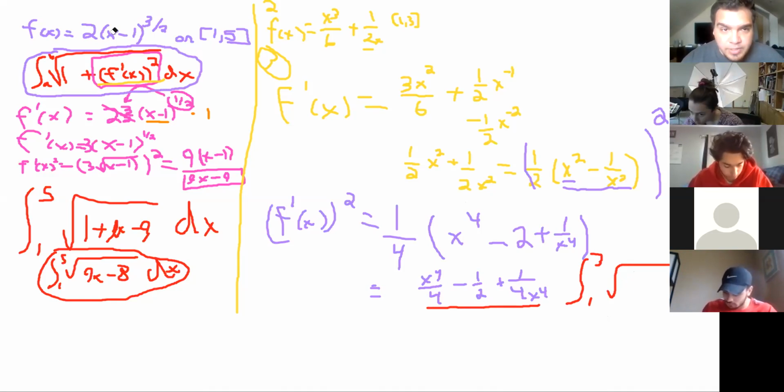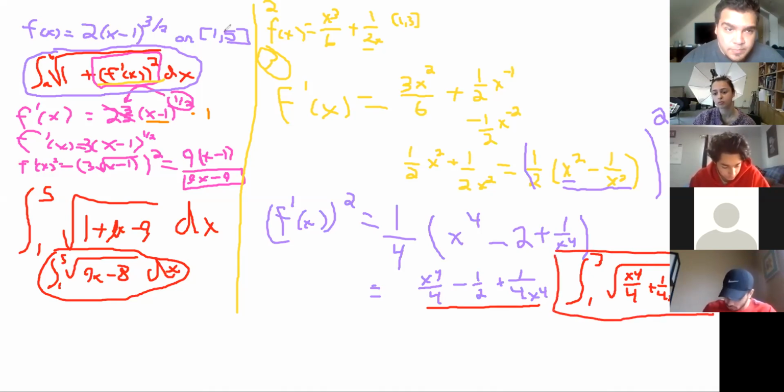So the 1 will end up becoming a half. So I'll write it in correct order. X to the 4th over 4 plus 1 over 4x to the 4th plus a half, because the 1 and the negative a half combined. At least get to that far by hand, and then we could just use the calculator from there. I just want to make sure we put it in correctly.